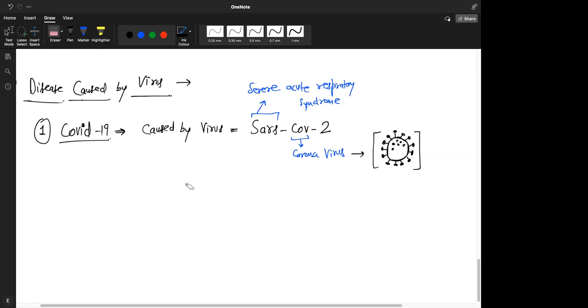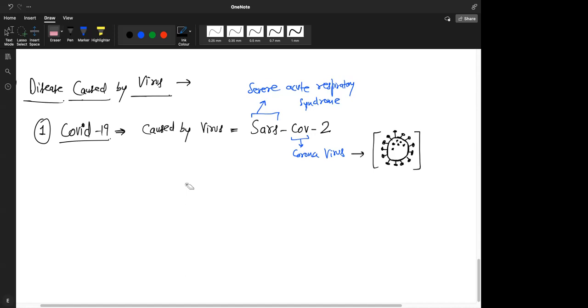Sneezing, I don't think sneezing is a symptom, but if you have a cold because of the infection, yes. Running nose, fever, cold, cough, and loss of taste and smell. That was one very peculiar feature in COVID.